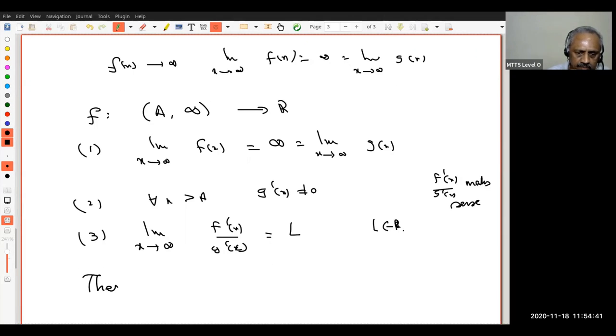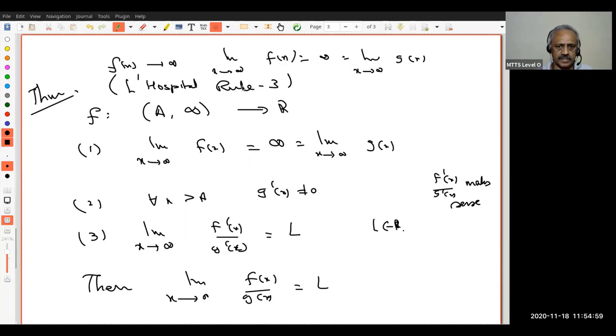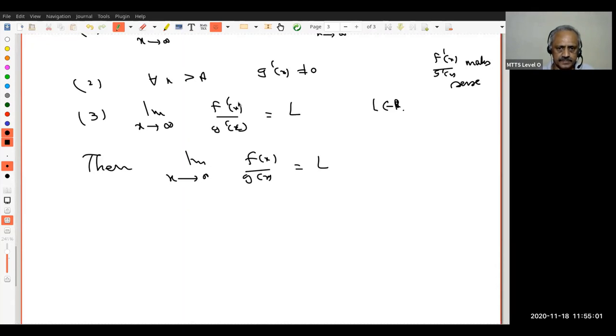Theorem: then limit as x tends to infinity of f(x) by g(x) equal to L. This is the theorem we want to prove. This is L'Hopital's rule 3. Is the statement clear? Okay.